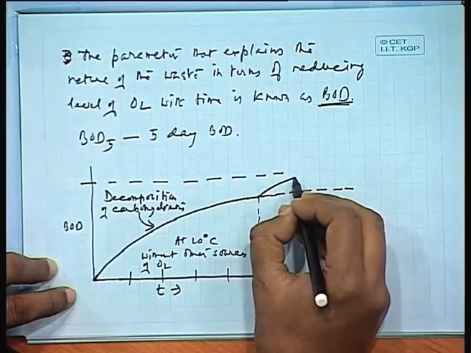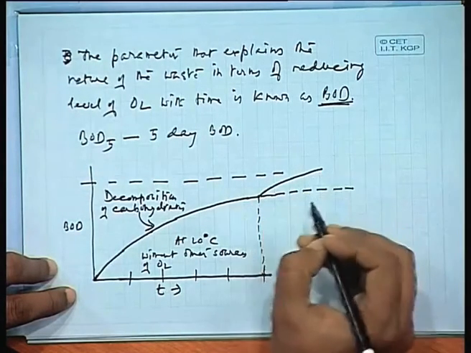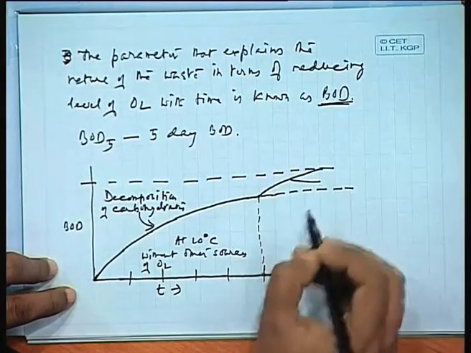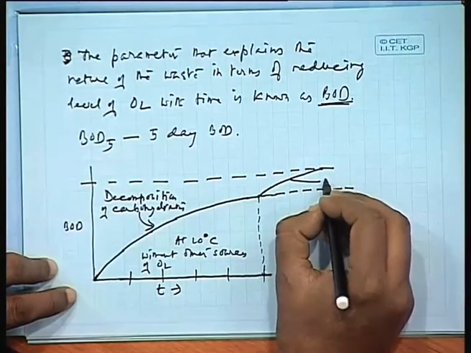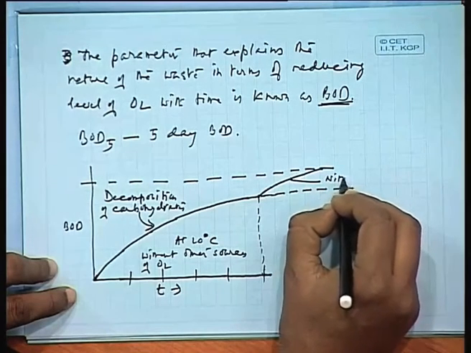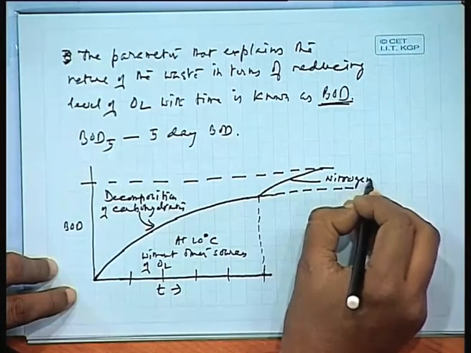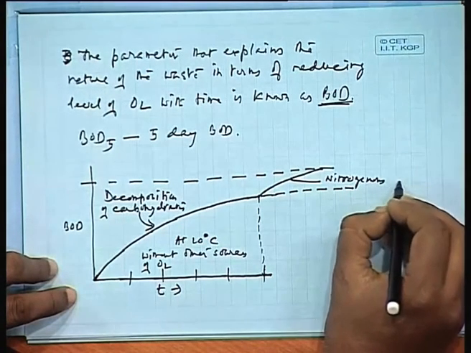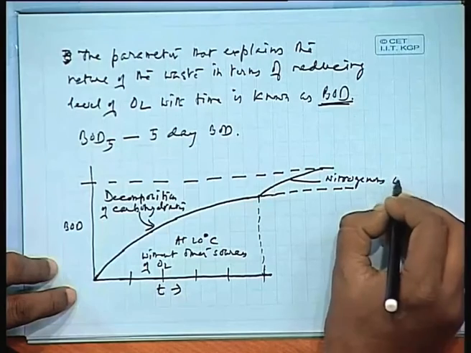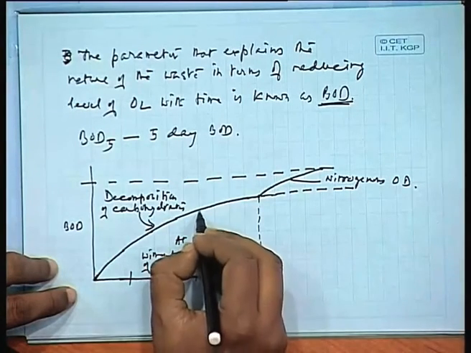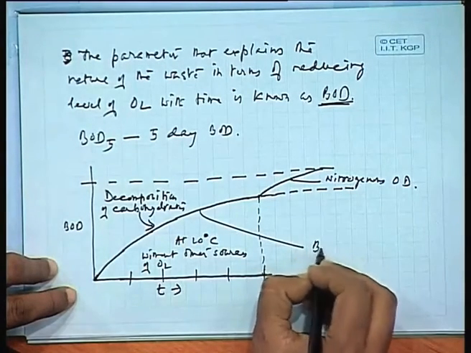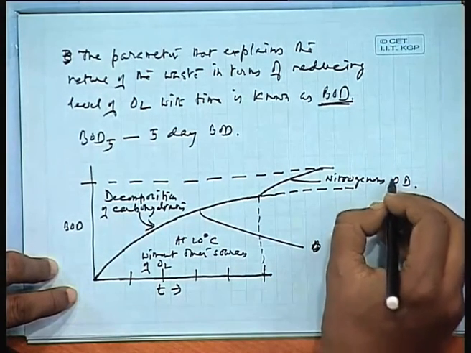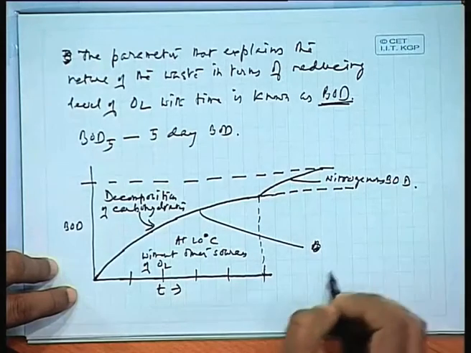This demand can continue for a long time. This is called nitrogenous substances, so nitrogenous oxygen demand, and this is nitrogenous biochemical oxygen demand, NBOD.